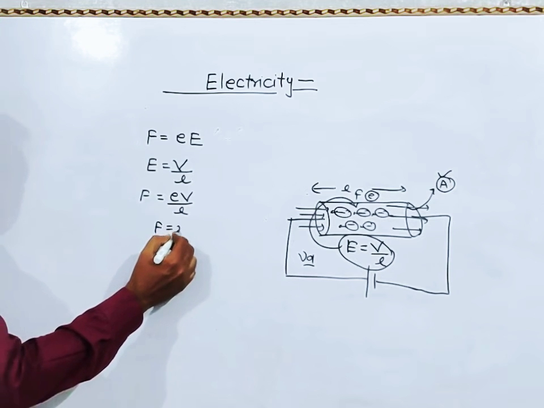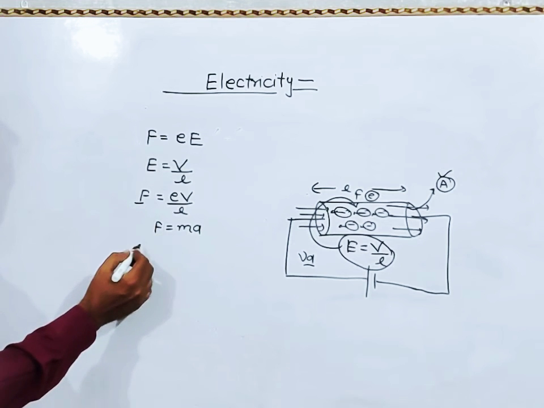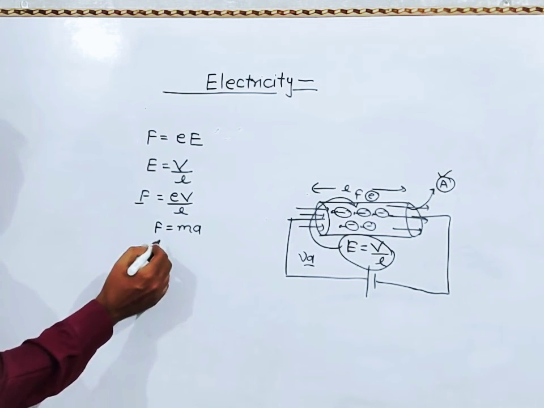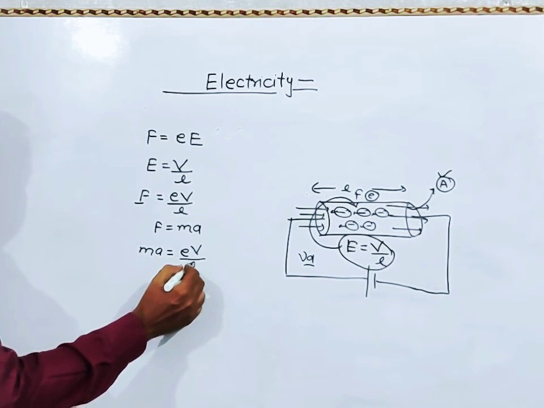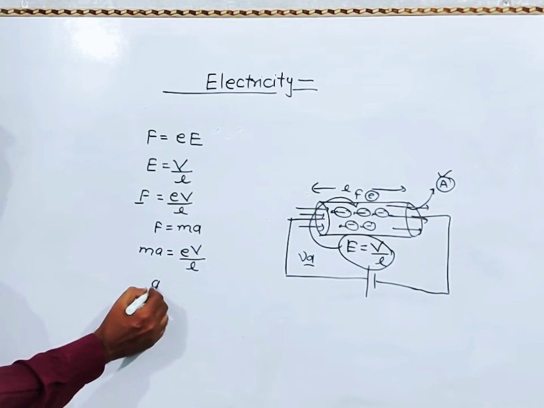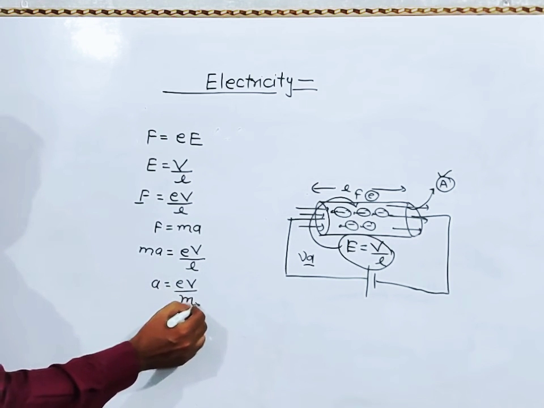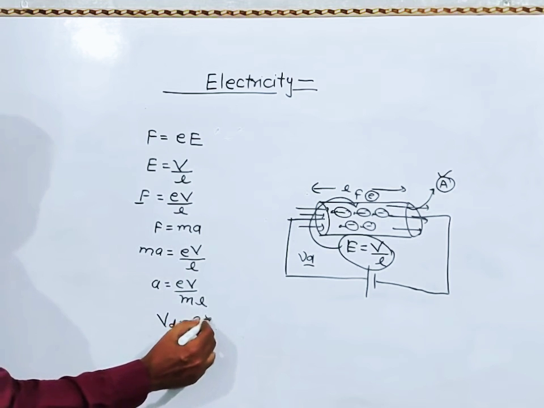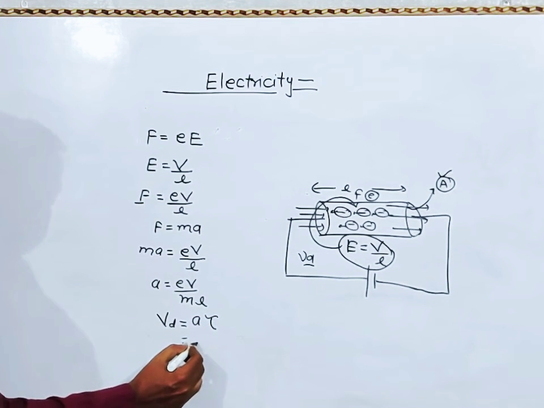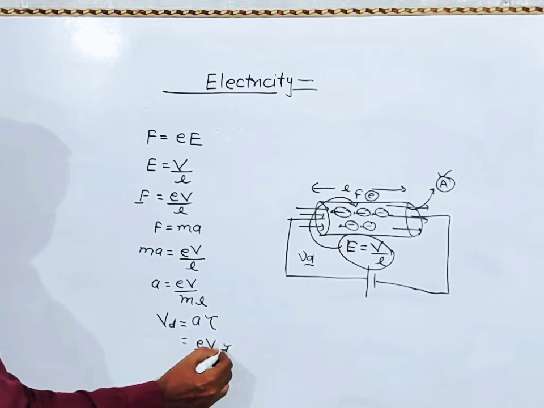F is ma, so we can write it in place of ma. ma is equal to eV upon L, or a is equal to eV upon mL. Now we also know that Vd is equal to a tau. Place the value of a here, so it will become eV upon mL tau. This is Vd.